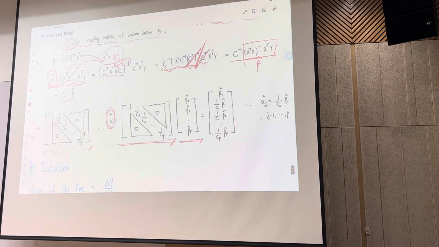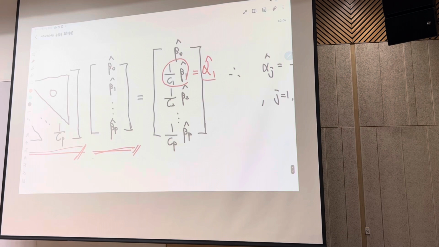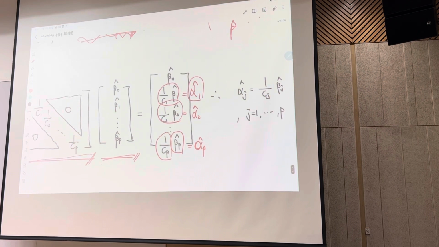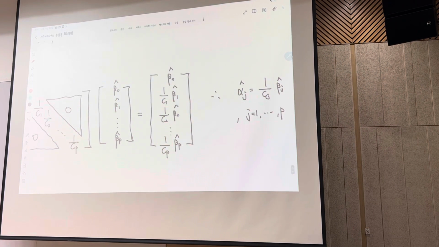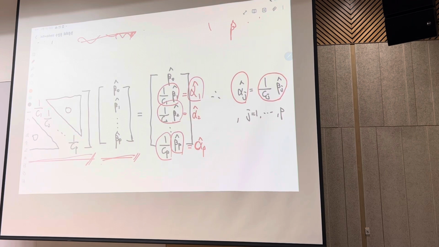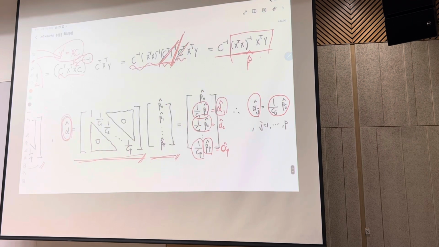So alpha 1 hat is equal to 1 over c1 times beta 1 hat, and alpha 2 hat is equal to 1 over c2 times beta 2 hat. Alpha p hat is equal to 1 over cp multiplied by beta p hat. So alpha j hat is equal to 1 over cj times beta j hat, for j from 1 to p.